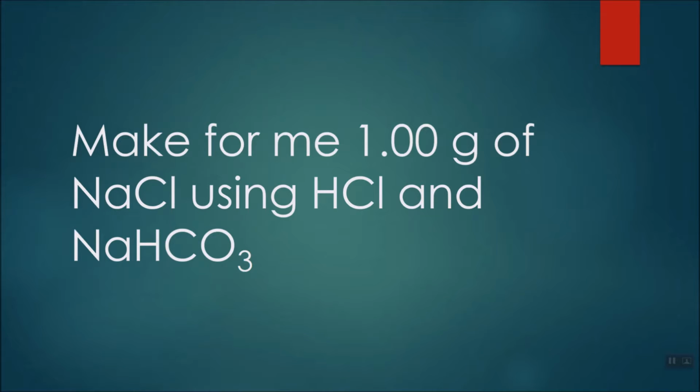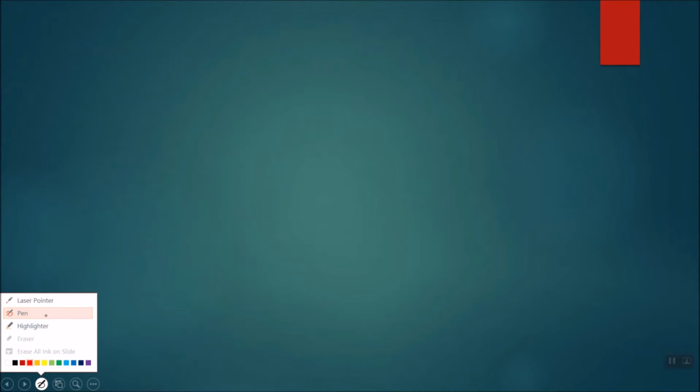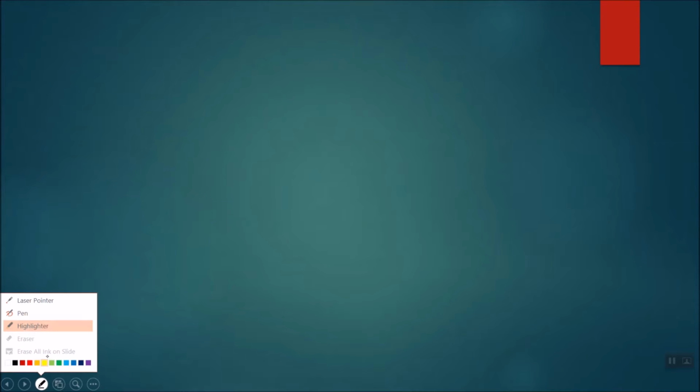Here we go. First thing we're going to have to do, of course, is come up with a balanced equation. That is the key to all of these things.